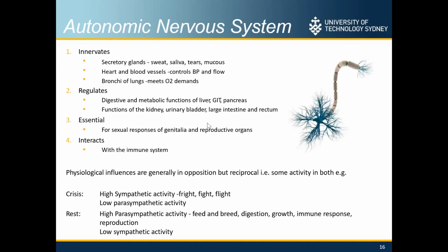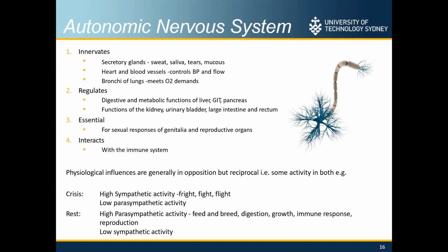So just to give you guys a summary, the autonomic nervous system innervates the secretory glands, heart, and blood vessels. It also innervates the bronchi of the lungs. This system also regulates the digestion and metabolic functions of the body.